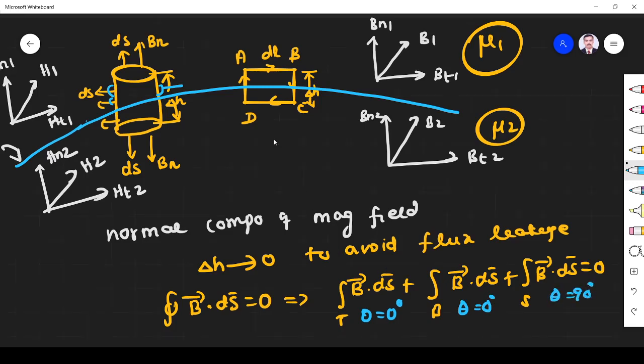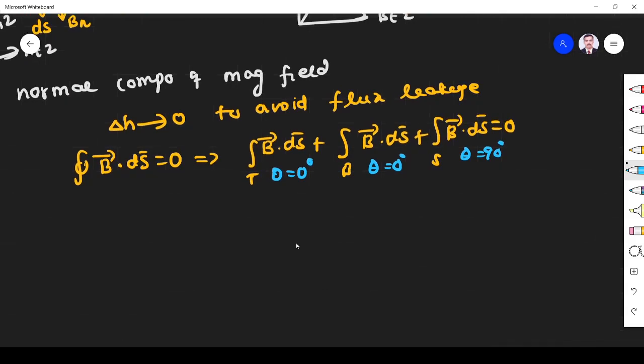Okay. So when you apply the dot product, what happens? The side term is cancelled because B ds cos 90 will be 0. So what we have is B ds cos 0, which is simply B ds. So B into ds top plus B into ds bottom. I take a dot product, so it will become a magnitude.